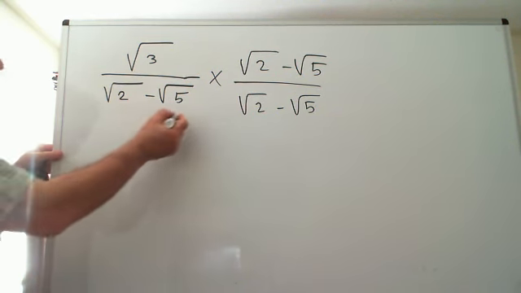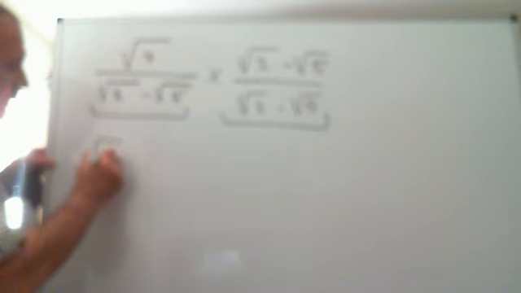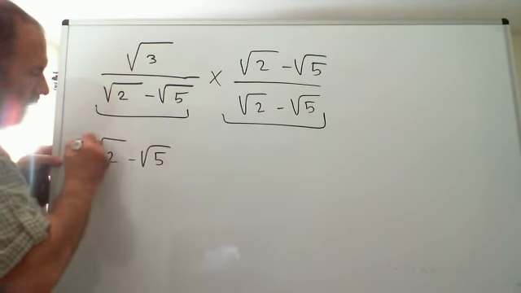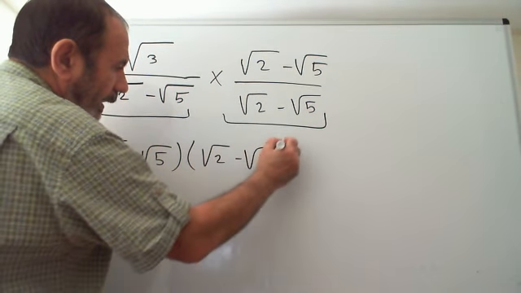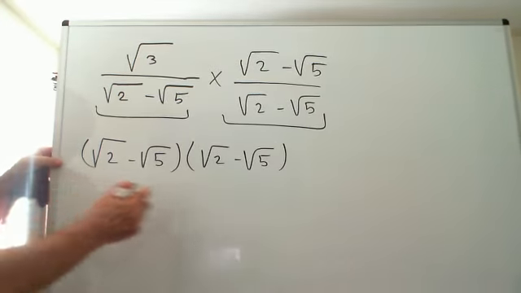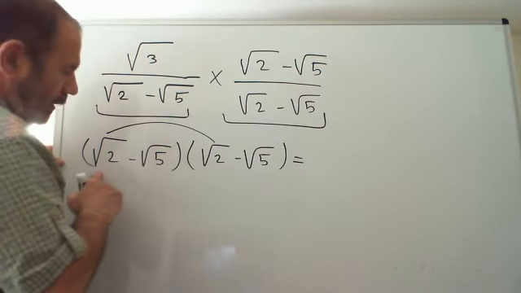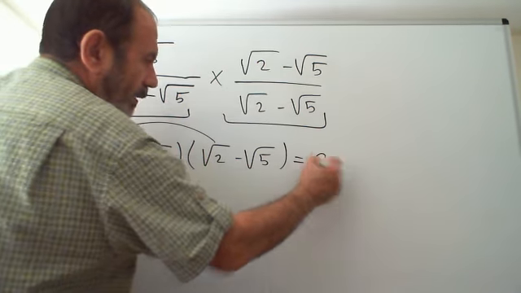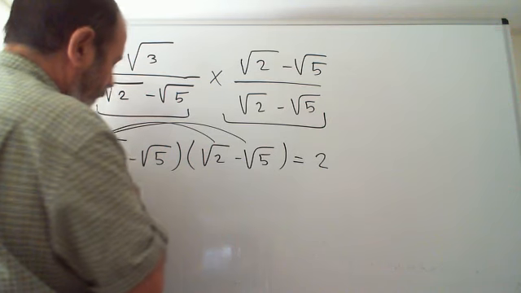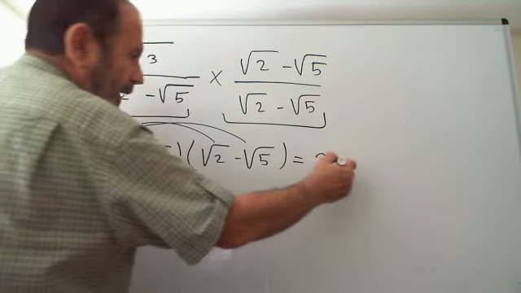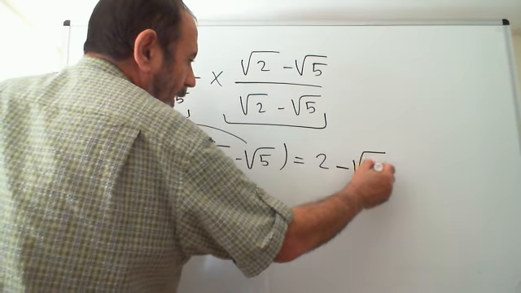Why? Because if I multiply radical 2 minus radical 5 by radical 2 minus radical 5 and expand, it's going to be radical 2 times radical 2, which is 2. Then radical 2 times negative radical 5, positive times negative is negative, radical 10.